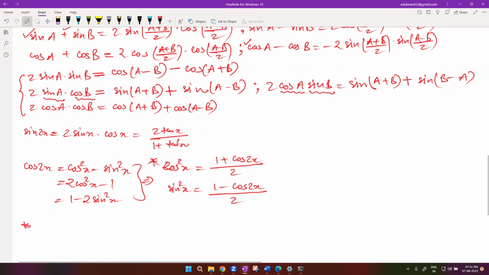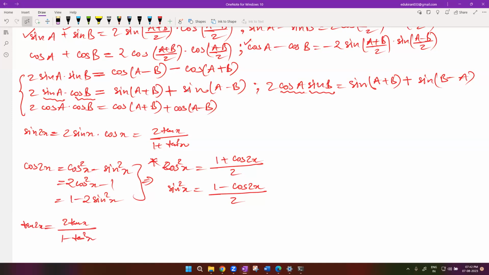Then we have tan 2x. Does someone remember this formula? Because we have already discussed sin 2x, and the formula for tan 2x is similar to sin 2x, with just one difference. It is 2 tan x divided by 1 minus tan square x.